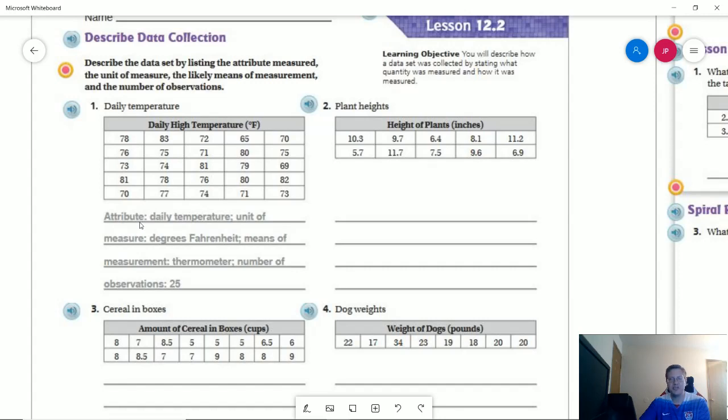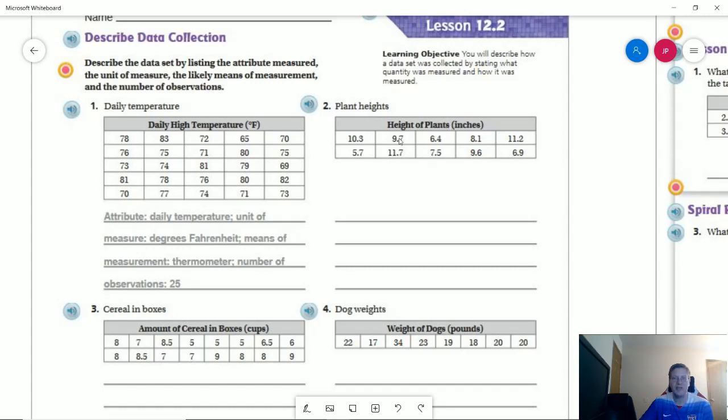So the attribute would be like the height, and it's going to match the title of our table that's going to give the data. The measurement, again, is going to be given in the title. For means of measurement, we're old enough that we should probably be able to at least give a reasonable guess for that, if not get it completely correct, because you guys have been doing science fair for quite a while.